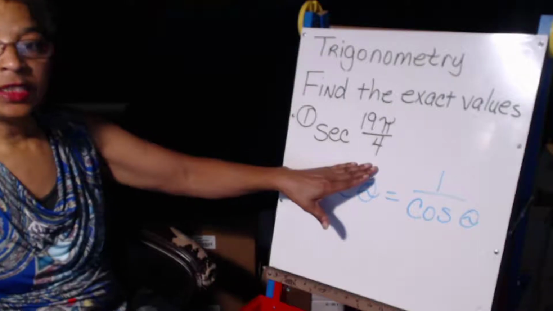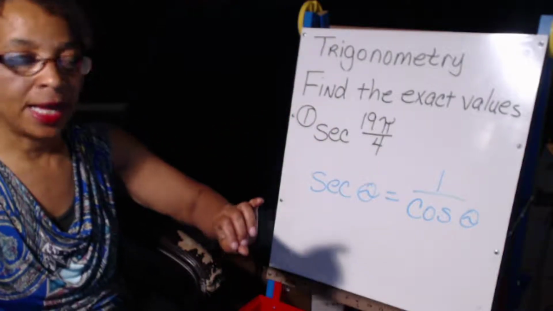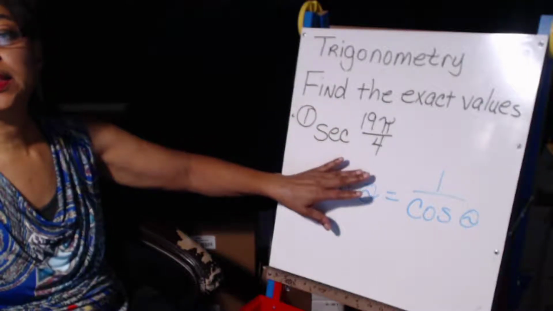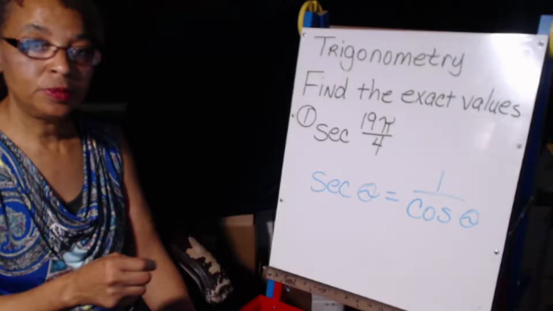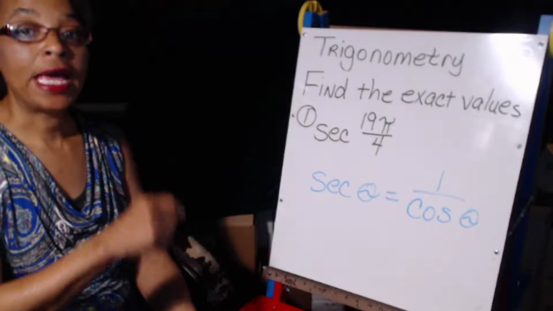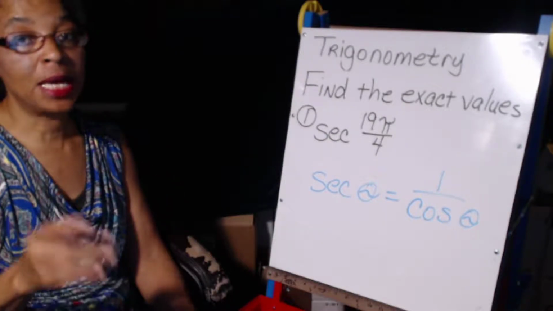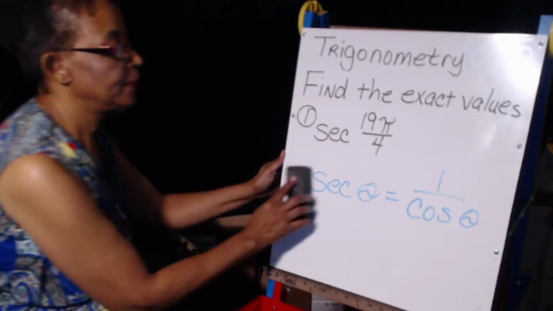Now in this case, if you notice, the numerator, ignoring the pi symbol, is much larger than the denominator. So that says that this angle has gone around a revolution at least 4 times, because 4 times 4 is 16, which is still smaller than 19.